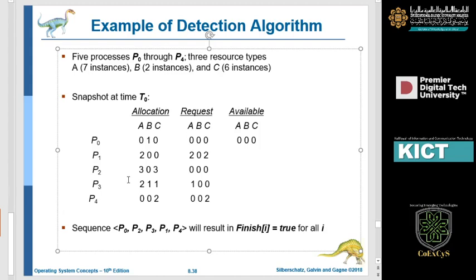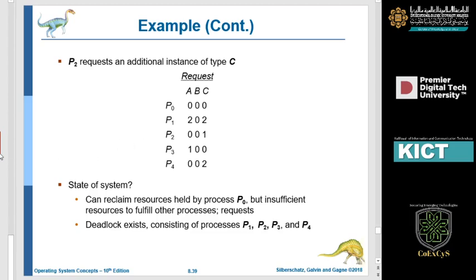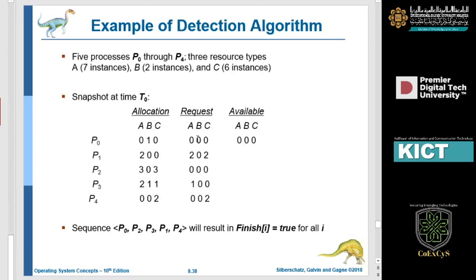And let's see whether there is a sequence that would result in all the processes finishing. So here we can say P0 or P2, because what's available is 0, and you can't really allow anybody to request anything more. So the only ones that can be allowed to run are P0 and P2.